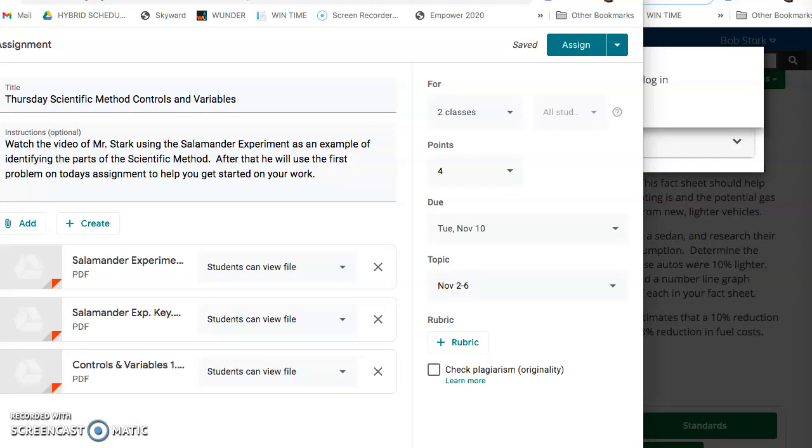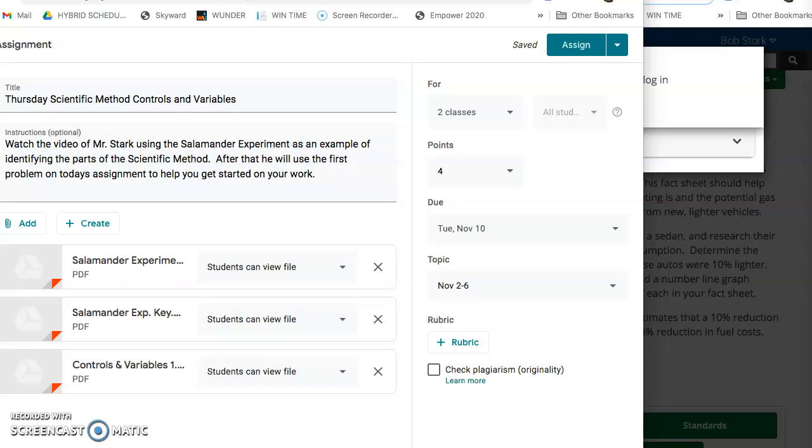Today we're going to do some work with the scientific method components, the identification of the parts of the scientific method. I am going to start you with the salamander experiment, and then we're going to go through and identify the different parts of the scientific method.